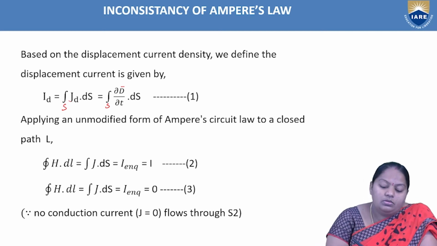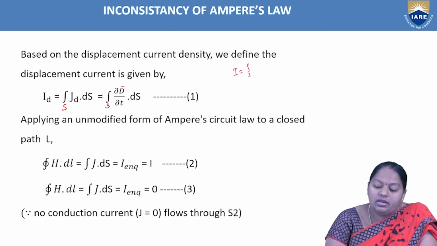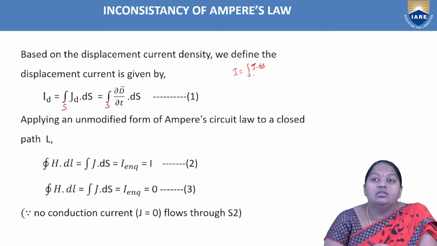Okay. So in general, we know that the current is expressed in terms of current densities, integral over S of J dot dS, where I is the notation for the current and J represents the current density. So I equal to integral over S of J dot dS.